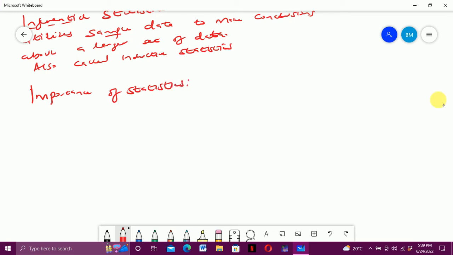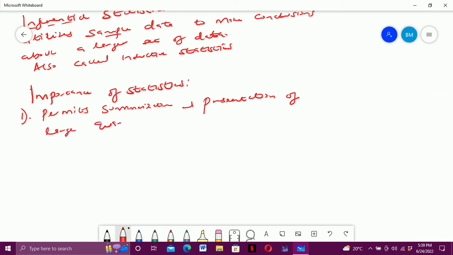And the first importance we are going to mention is that statistics permits summarization and presentation of large quantities of information.